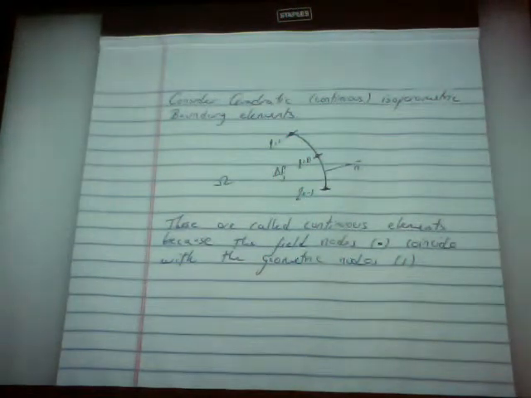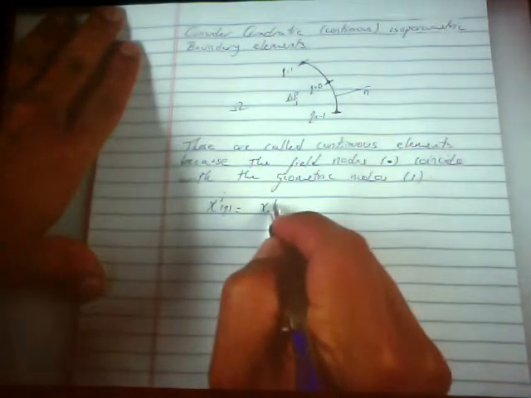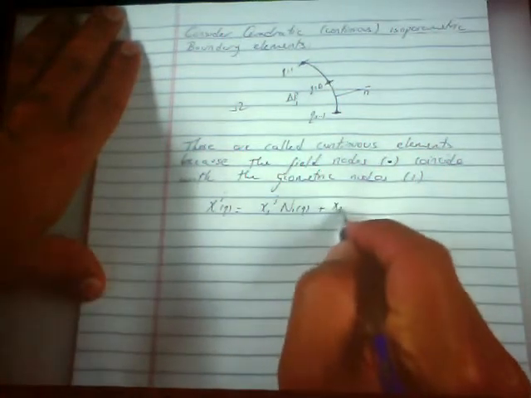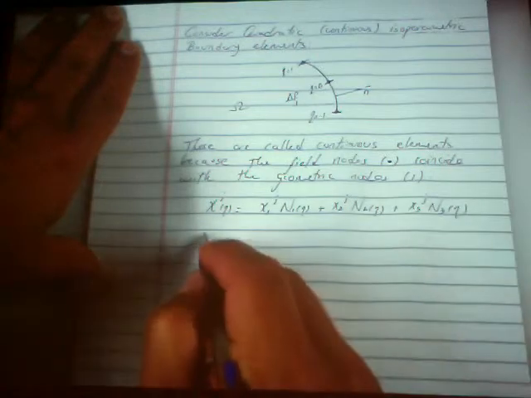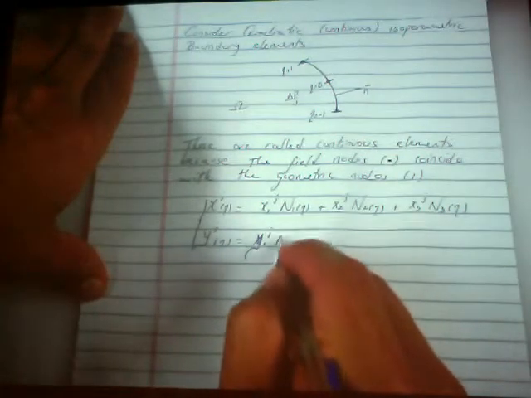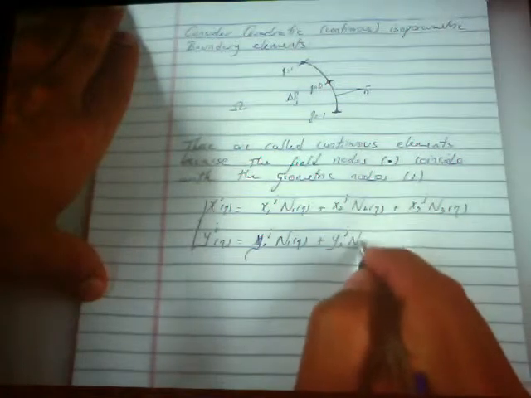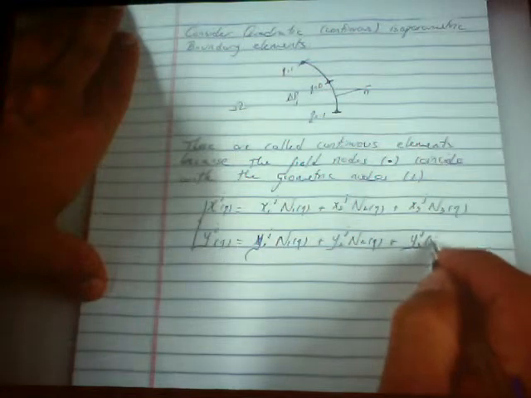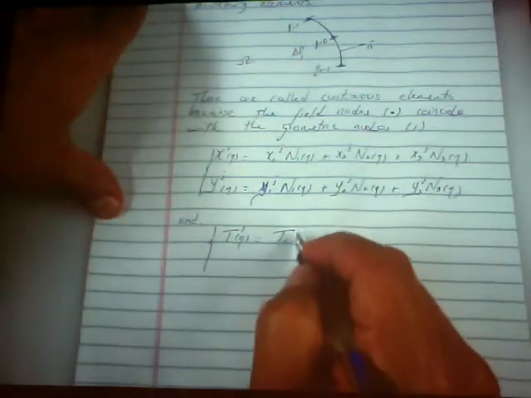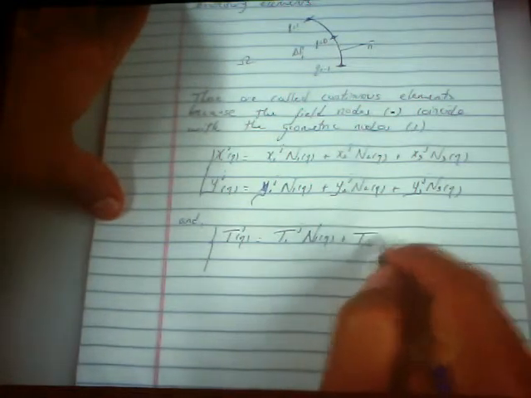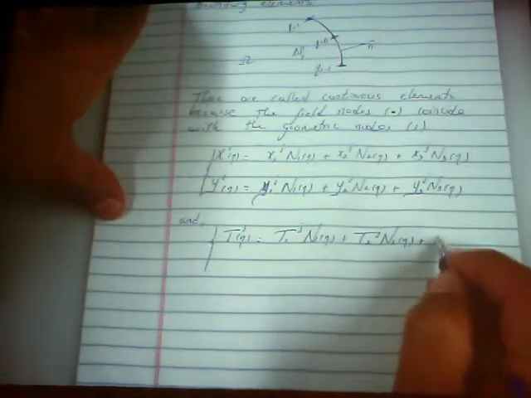All right? So what we have is x of eta will be x1 N1 plus x2 N2 plus x3 N3, and same thing for T. So we're going to have a T1, same shape function, T2, same shape function, and T3.